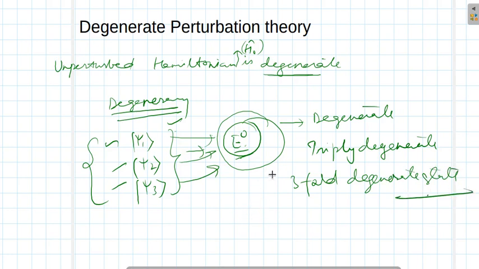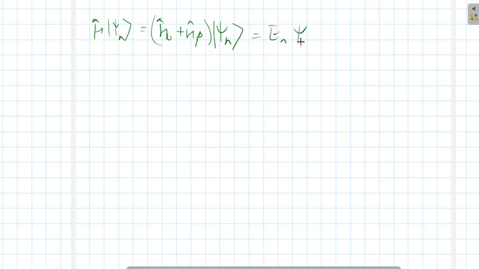So let me recapitulate the earlier lecture. In the earlier lecture, we defined the Hamiltonian H acting on psi n as H naught plus H P, operated on psi n, equal to E n psi n, right?